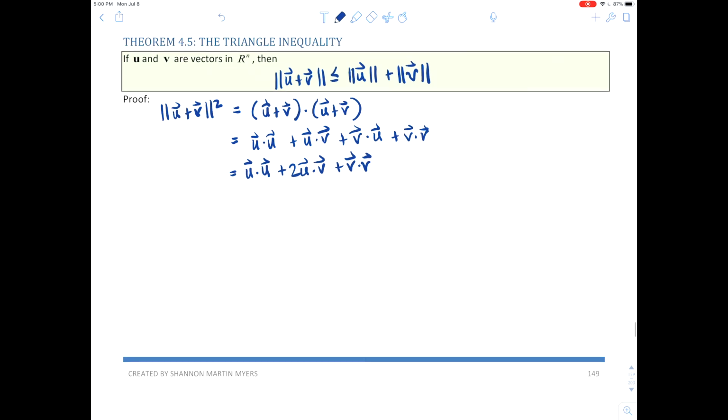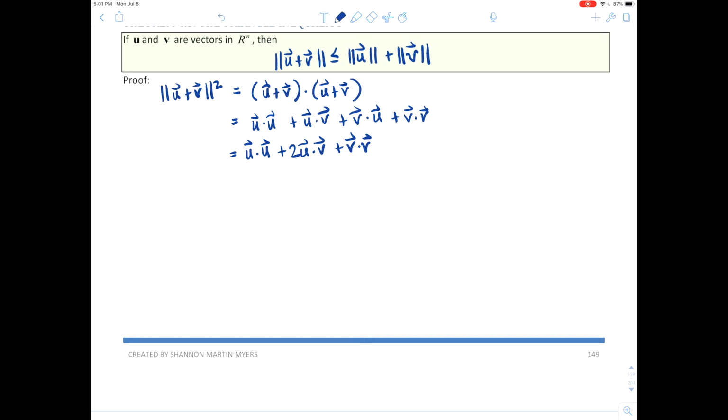Now that we've done a little simplification, why don't we go ahead and put this back in terms of magnitude? So this would be the magnitude of u squared plus 2 times u dot v, and then plus the magnitude of v squared. Groovy?